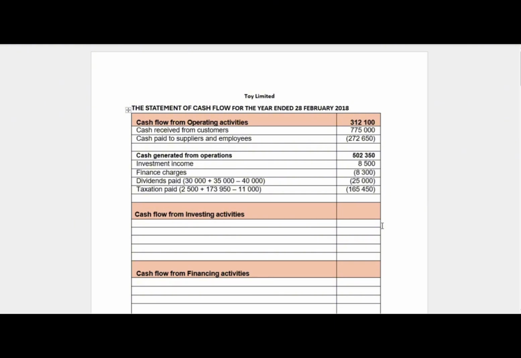So our cash flow from investing activities, we are going to look at the non-current assets. So let's go and see what it is that we have right there. Let's go and check.